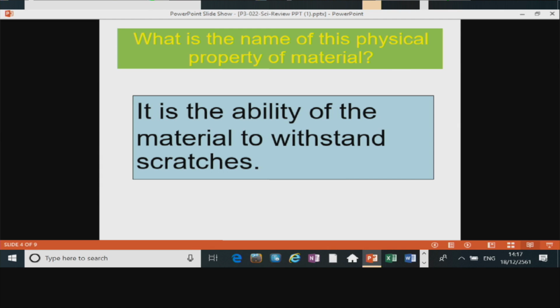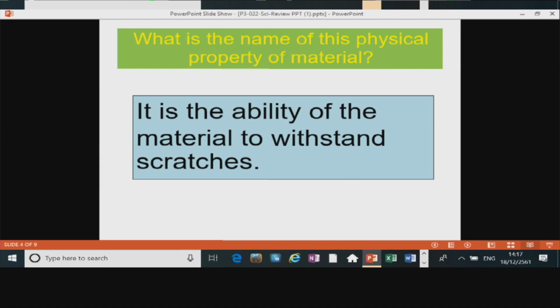Which physical property? Hardness, yes. If something is hard, it won't be scratched easily. So we can say hardness. It is the ability of the material to withstand scratches.